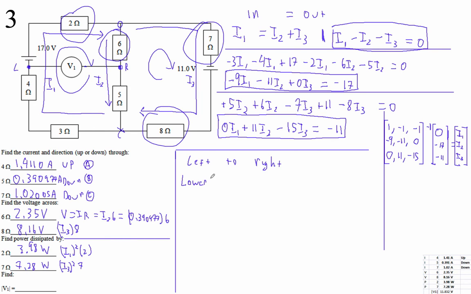So the lower route, let's go plus 4I1. I1 is this guy, right? Then we're going to go plus 3I1. Then I'm going to go plus 5I2. And what is that?